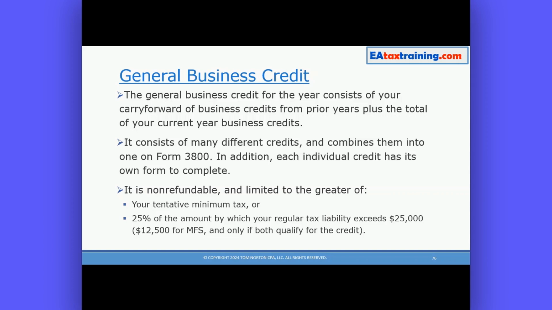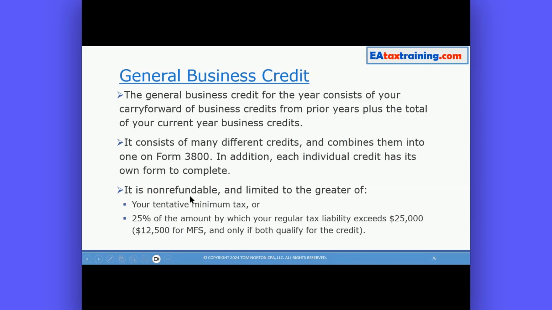And again, just reminding you, a tax credit is a dollar for dollar reduction in the tax due, as opposed to a deduction. A deduction lowers your income, so it gives you an indirect tax savings. A credit, though, gives you a direct tax savings, dollar for dollar reduction in the tax liability.